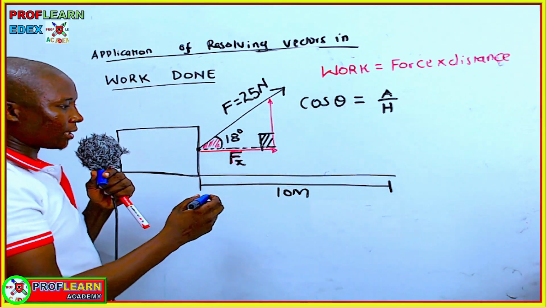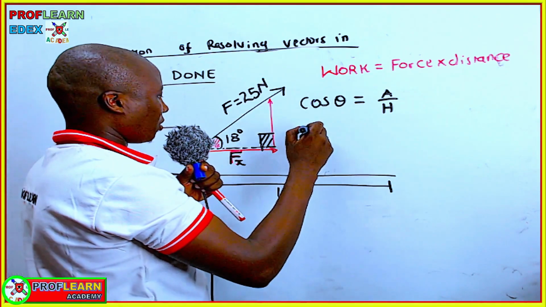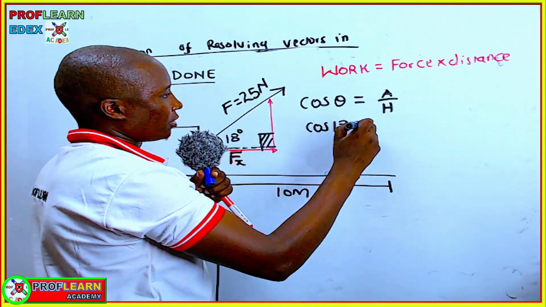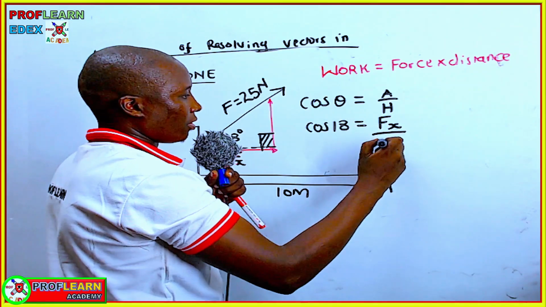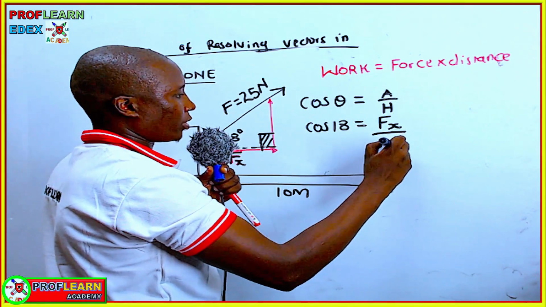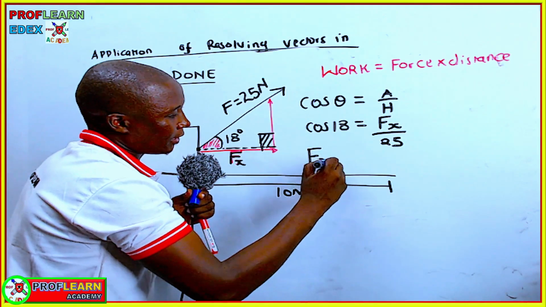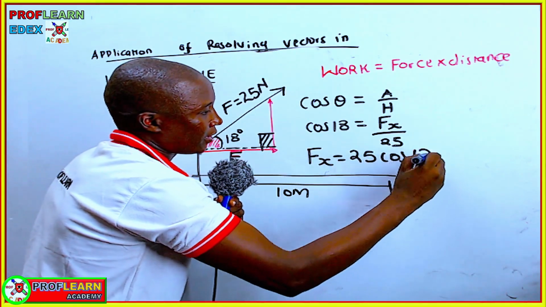So our adjacent is just Fx. So cos 18 is equal to adjacent, which is F in the x direction, over hypotenuse, which is 25. So the force in the x direction is going to be 25 cos 18.